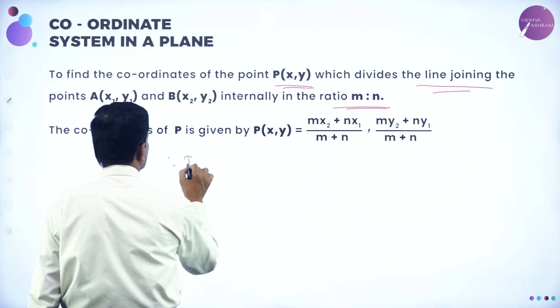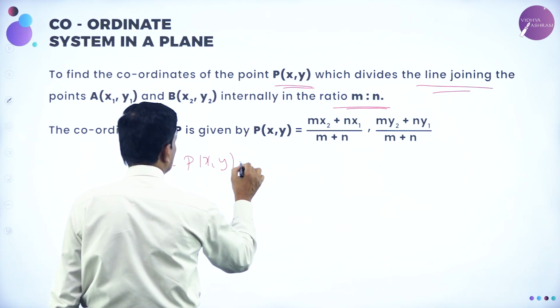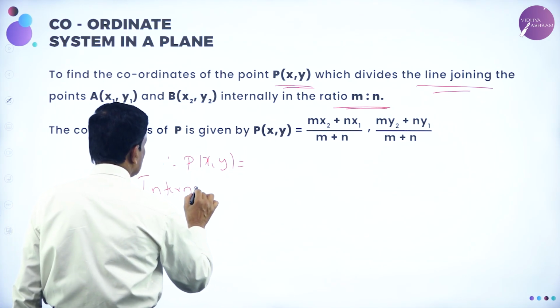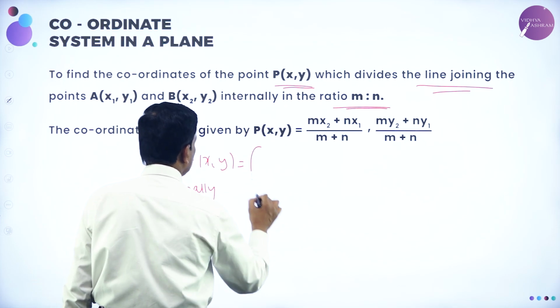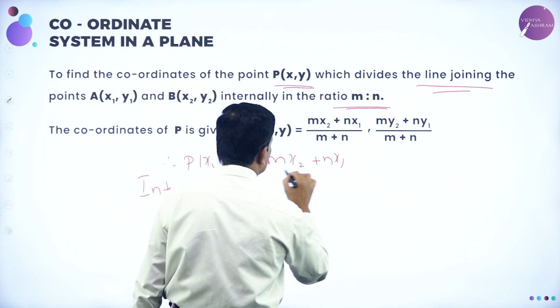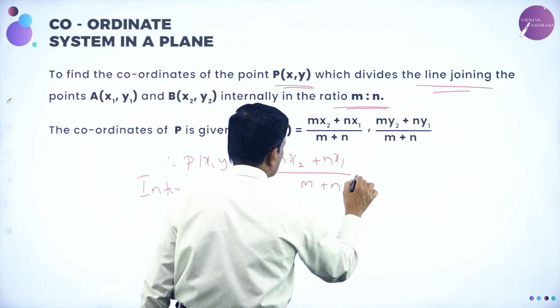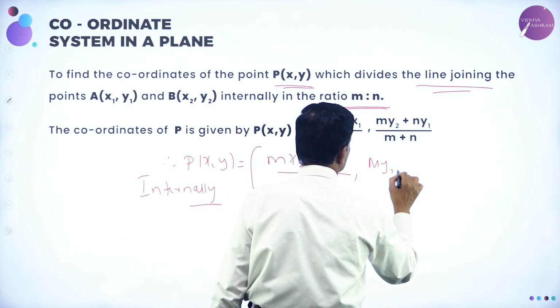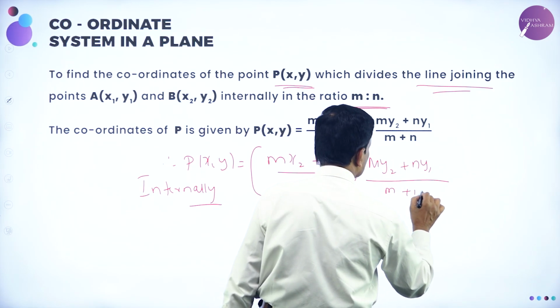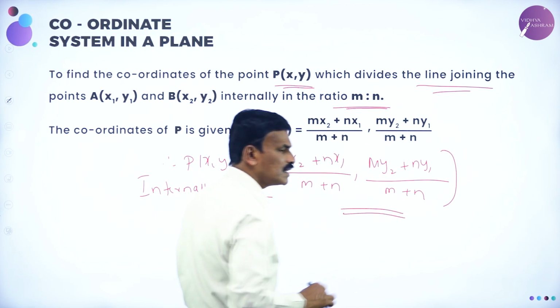So, therefore, the coordinates of the point P(x, y) which divides internally is given by P(x, y) = ((mx2 + nx1)/(m + n), (my2 + ny1)/(m + n)). This is called an internal division.